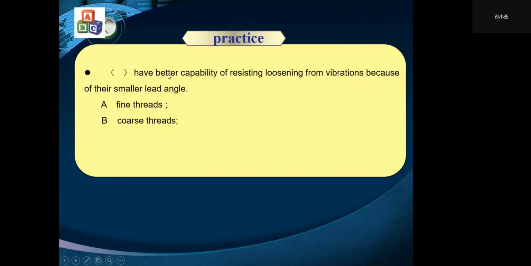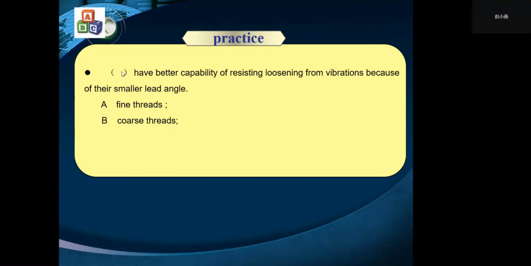Which have better capability of resisting loosening from vibrations because of their smaller lead angle? A. Fine threads. B. Coarse threads. So which thread has the smaller lead angle? Actually, A, fine threads.